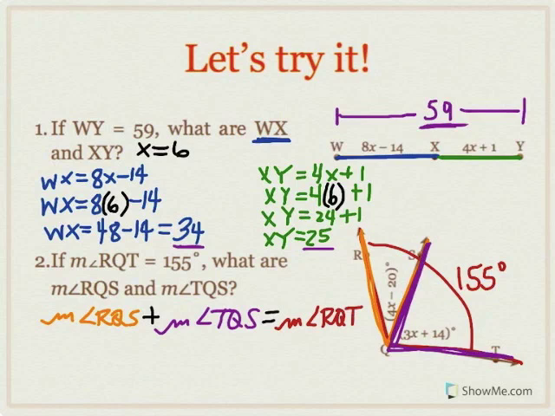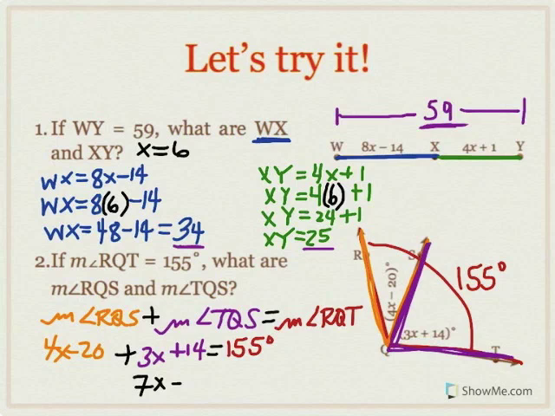So just like we did last time, we're going to substitute in the values. 4x minus 20 and 3x plus 14, and that has to equal 155 degrees. Doing some quick algebra here, 7x minus 6 is going to equal 155 degrees.